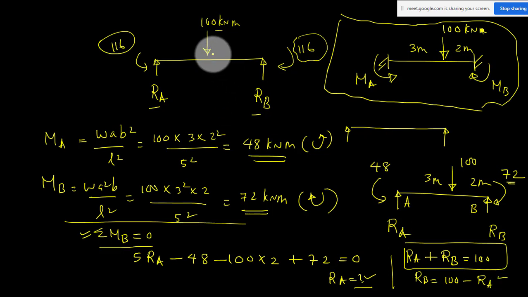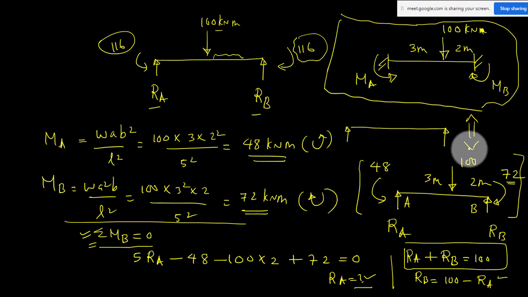If we have some other loading, no problem. You find MA and MB first, then draw the free body diagram with the external moments and all the reactions as unknowns, then apply the equations of equilibrium. So now you have taken this fixed end moment as an external moment on a simply supported beam, so that both are equivalent.